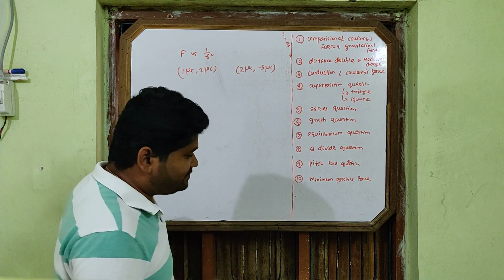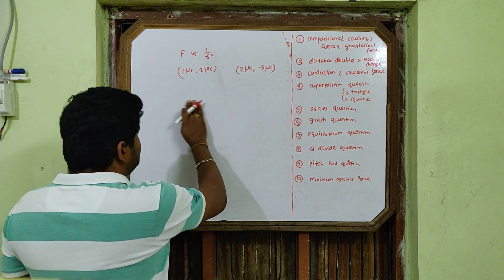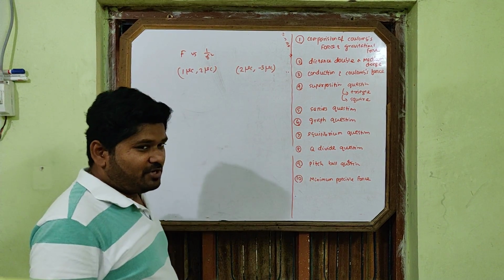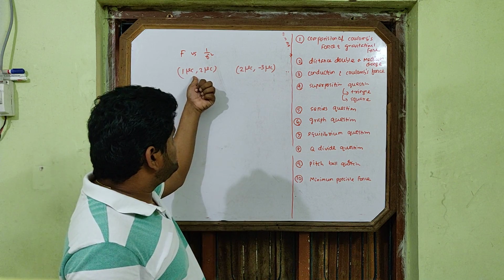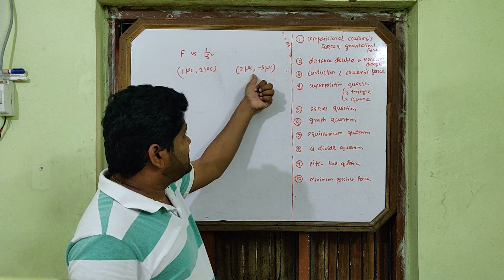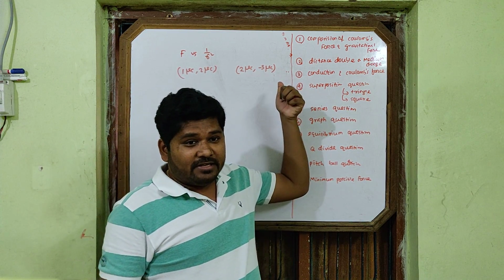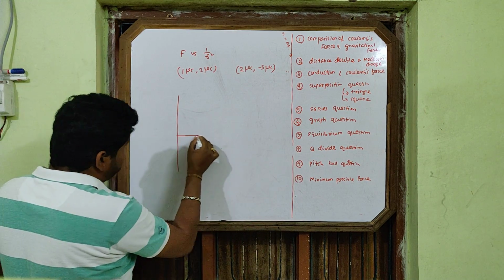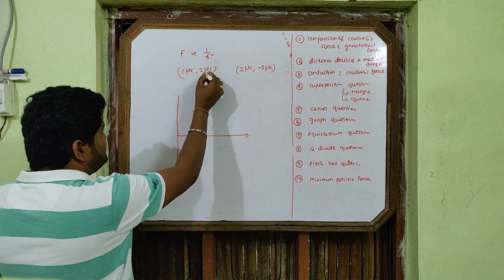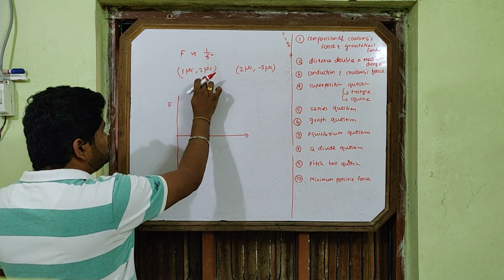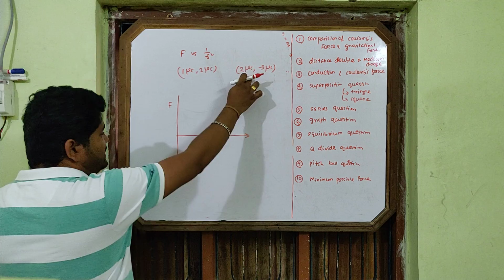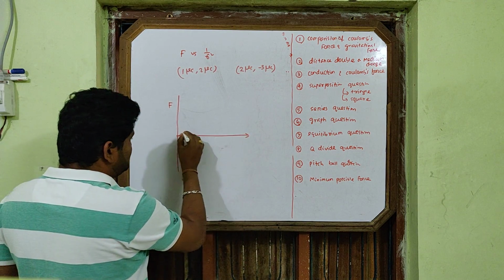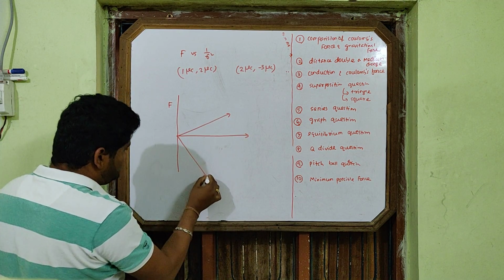It's a very important question. How will you draw the graph? Obviously it will be a straight line starting from the origin. But here the force is positive, and here the force is negative. This is an attractive force, so we write the negative sign. So I am drawing the graph like this. In the positive quadrant this force will be for 2 microcoulomb, and in the negative quadrant this is the force and here is the force.